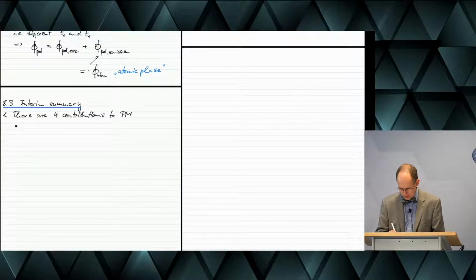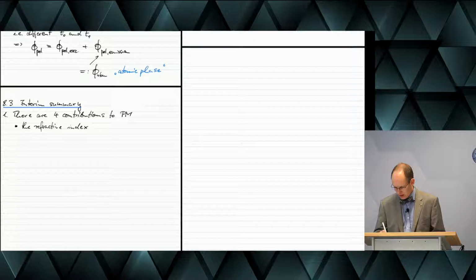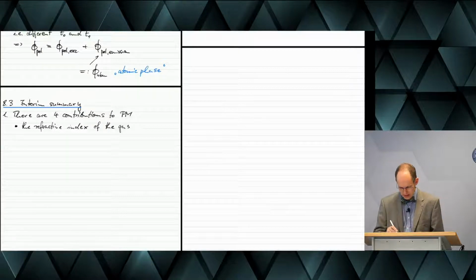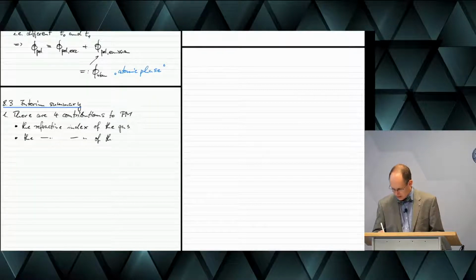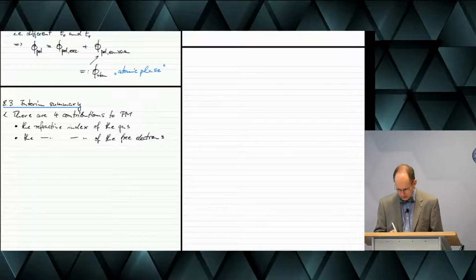The first one would be the refractive index of the gas that we are using. Then the refractive index of the free electrons. Then the geometric phase, the Gouy phase in the simplest case, and the atomic phase.